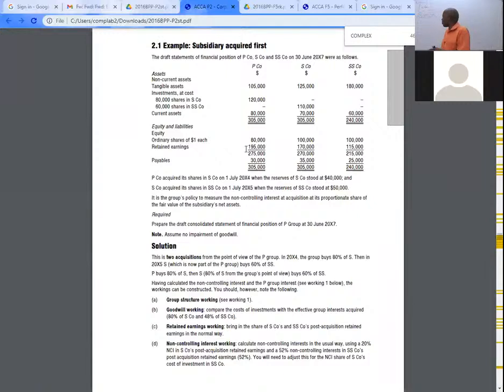So ladies and gentlemen, instead of these investments in your subsidiaries, you're going to have one line that will replace that, which is called goodwill. Remember, when you invest in your subsidiary, you're going to acquire some net assets.